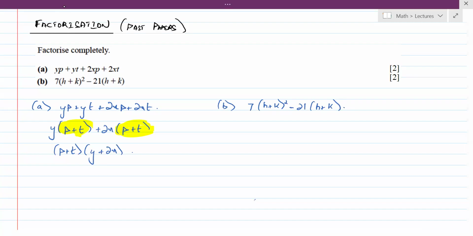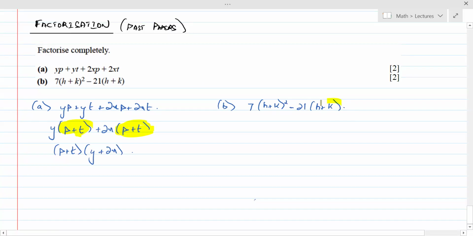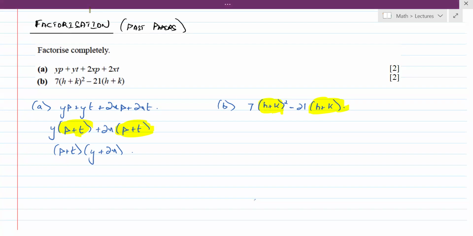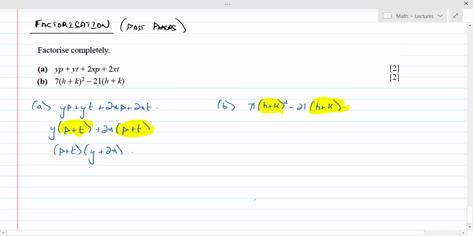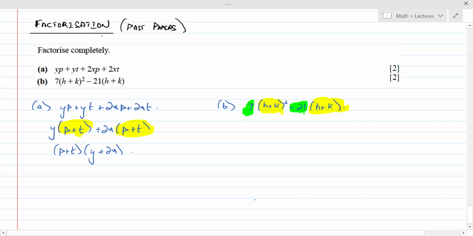In the 2 different terms, what you can see common is, here we have h plus k common for the 2 terms, and 7 and 21 have 7 as common. So for these 2 terms, you cannot apply the identity. As I've told you earlier, for 2 terms, either it's a case of common or identity. You cannot apply the identity because both the terms are not having the perfect squares.